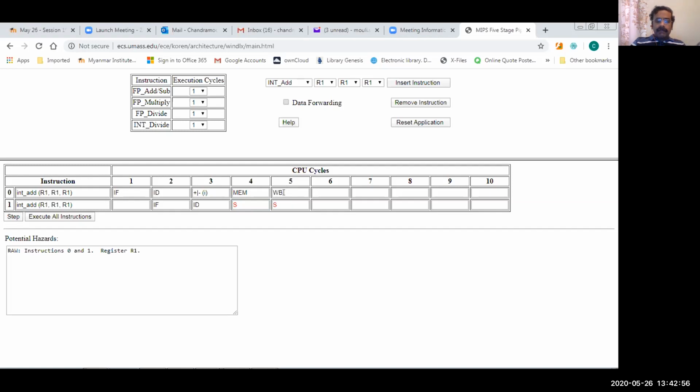Now step. When the write back happens, if ID was there before, it would have read it now, but ID is already completed. So the value is still not there. The write back stage is also in stall, because forwarding is not there, and it has to be written and read again. The value has to be read unless it is written.